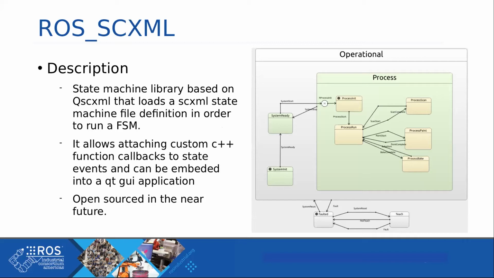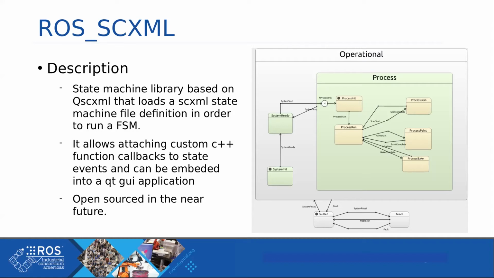So it has nice features because it can be used in both cases and doesn't have to be used with the Qt GUI. The picture on the right is an interface directly supported by Qt for graphically building out your state machine, seeing the flow, and testing it.